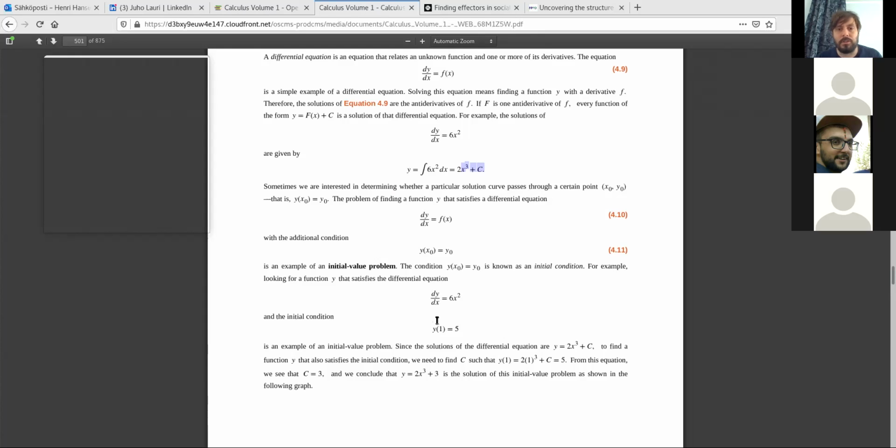If the initial condition is something like y at 1 equals 5, then we just slip 1 in here, so that's 2 plus c equals 5, and we conclude that c equals 3, and that the solution to the initial value problem is y equals 2x to the 3 plus 3.